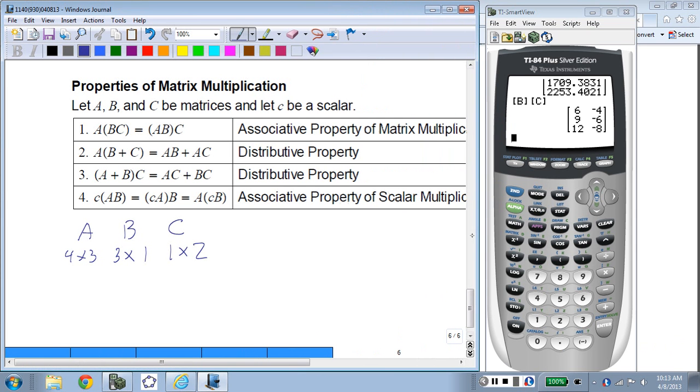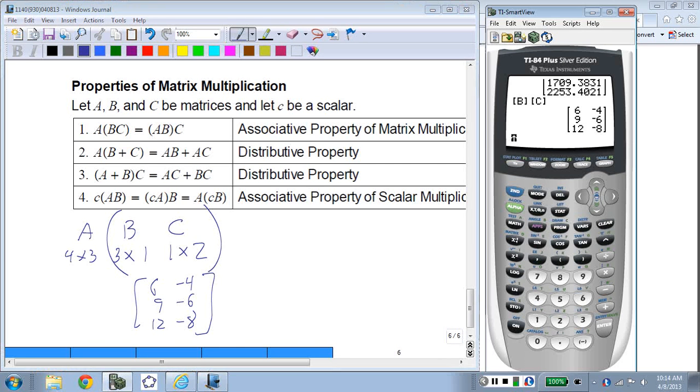So let me go with kind of a split screen here so I don't have to keep looking at it. This 4 by 3 matrix, if I'm multiplying B by C, I get some matrix. 6, -4, 9, -6, 12, -8. And let me just copy the A. I really forgot what it was. But second matrix, edit. What did the matrix A look like?